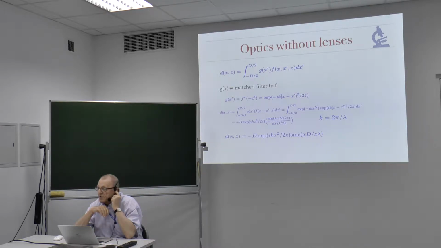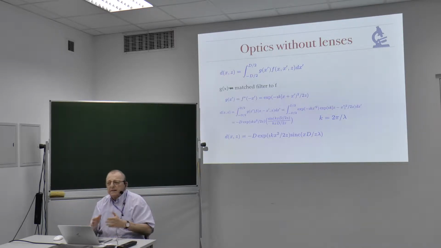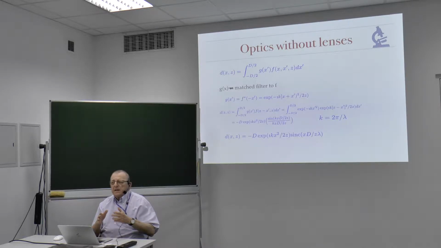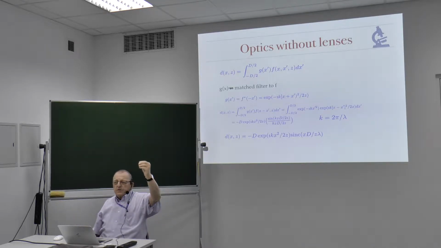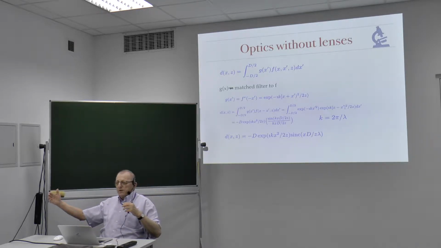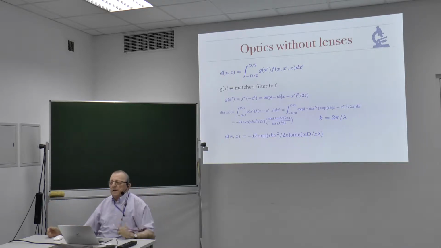And this function, sine of x divided by x, in mathematics is called the sinc function. And this function has a very peculiar property. But in any way, the d is now the description of the system which tells me what the output device will register if I have an emitter at the point x and z, which sends the radiation to me.